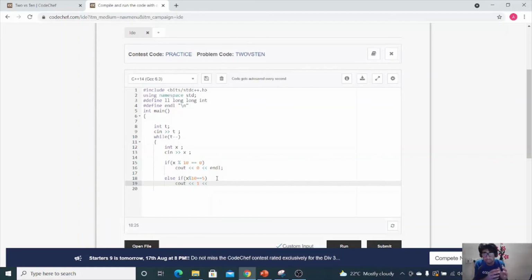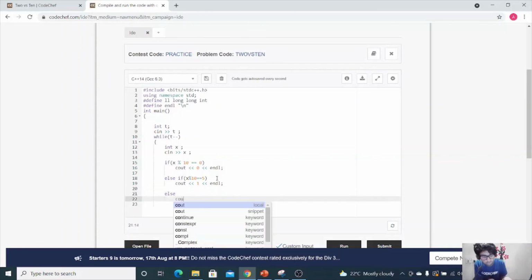In that one step, we multiply that number by 2, and then our job is over. So that is the second case. Otherwise, if the units digit is not 0 or 5, it is not even possible through repeated multiplications by 2 to make the number divisible by 10. So we output minus 1.